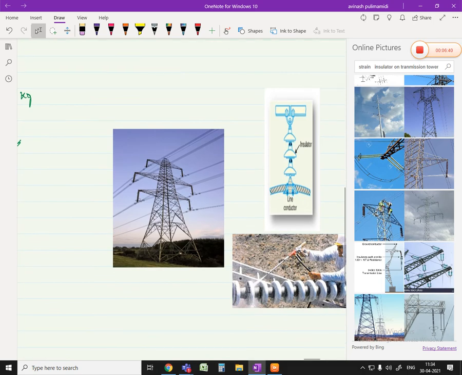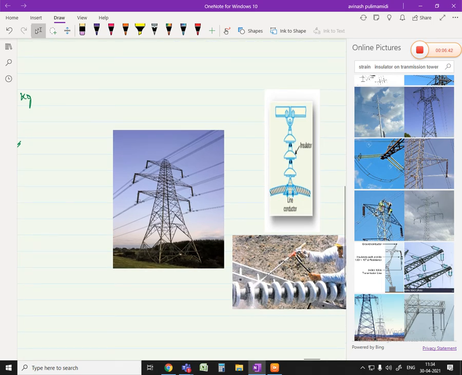Then coming to the suspended or suspension type of insulators. In this suspension type and string type, for each disc, we will be finding the capacitance calculations also.